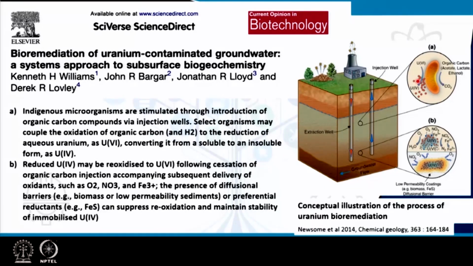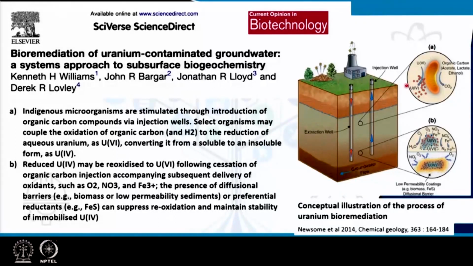In one system, the indigenous microorganisms are stimulated to reduce uranium, because uranium can be used as an electron acceptor, and by providing a suitable carbon and electron source like acetate, the acetate is injected. So, you have an injection well in the underground environment, where the carbon and electron donor like acetate is injected, and utilizing that the microbes are able to precipitate uranium as insoluble uranium.